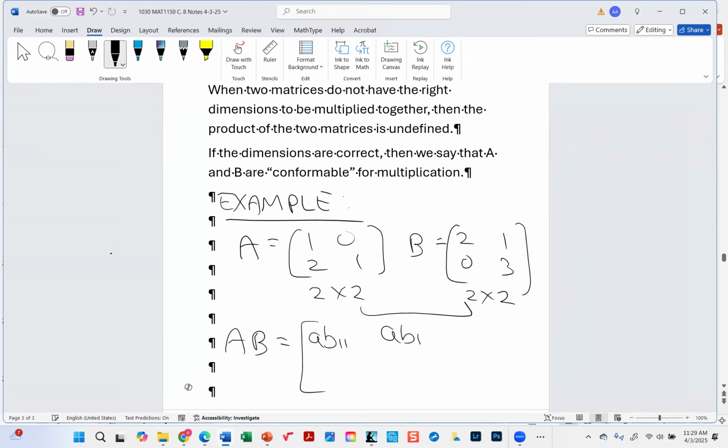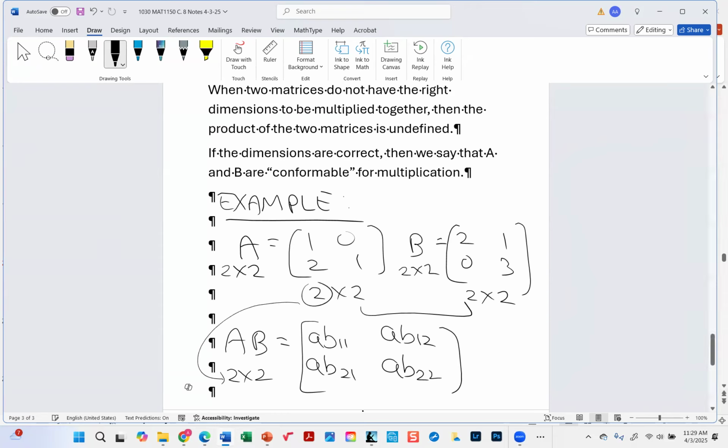By the way, I'm going to write these as AB11, AB12, AB21, AB22. You notice that this matrix is also 2 by 2 because we get the number of rows from the first matrix and the number of columns from the second matrix.